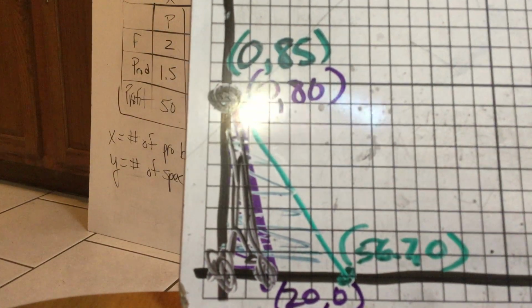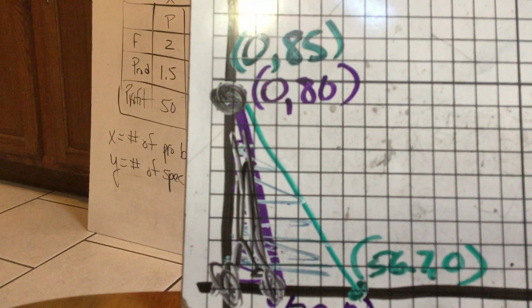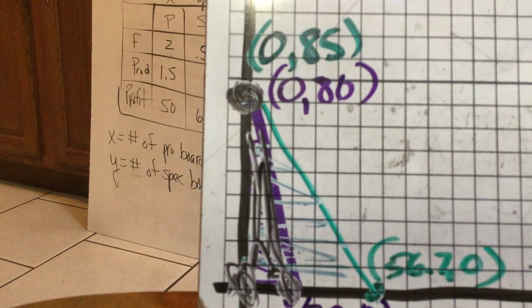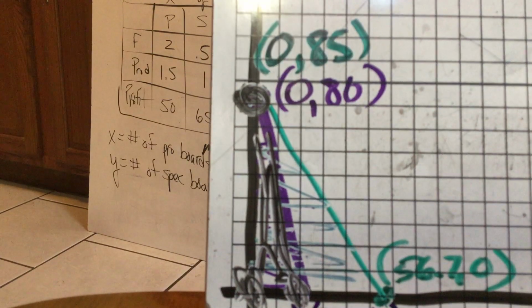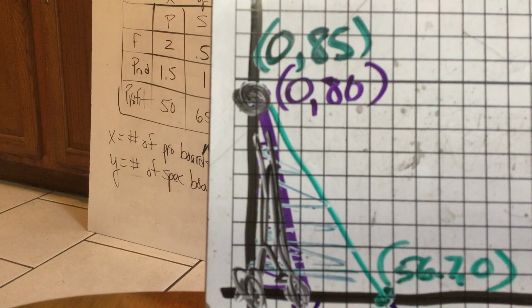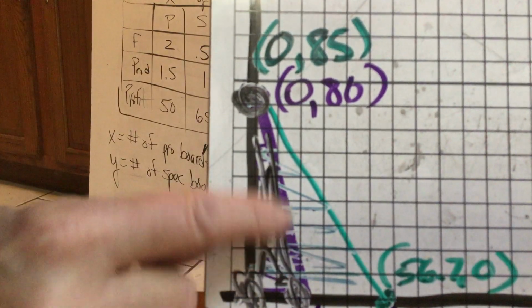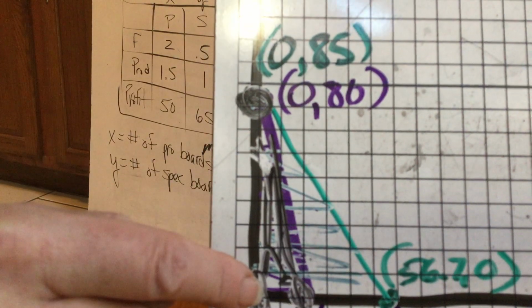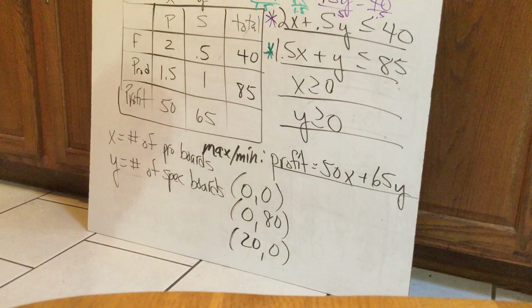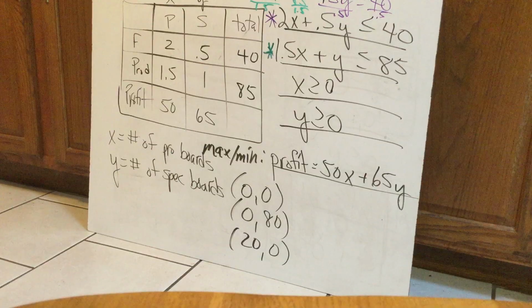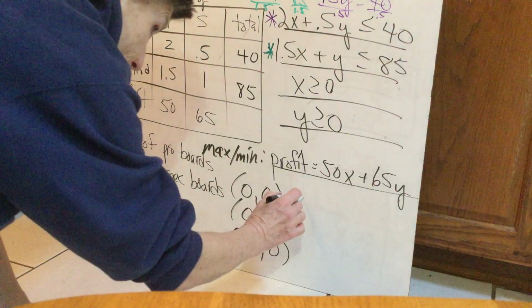And again, I don't worry about overlap. I mean, I do worry about overlap, but it's not anything different than the purple triangle because the green triangle is outside of the purple triangle. So when I overlap them, all I get is the little purple triangle. So now I'm going to calculate my profit. Obviously, if I don't make any skateboards, I don't make any money.